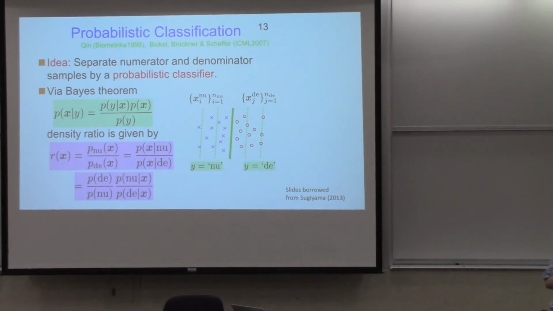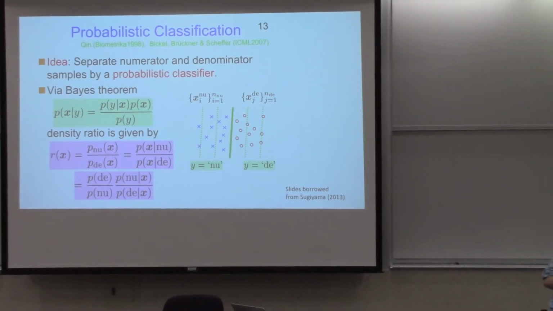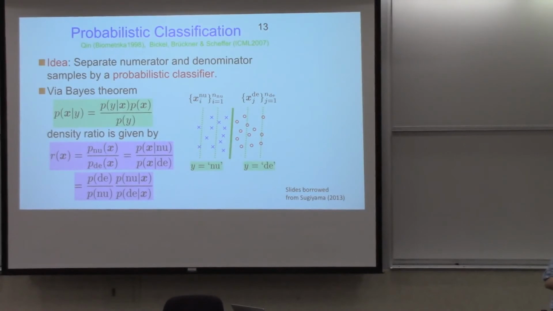Because you're trying to infer, given a sample, can I map it back to the source or the target? What is the probability in the source, what's the probability in the target? If those two are the same, then that sample is not interesting, so the ratio is merely 1. So thinking of the posterior makes it more natural to look at what would be samples that distinguish the source and target and what are the ones that are the same.